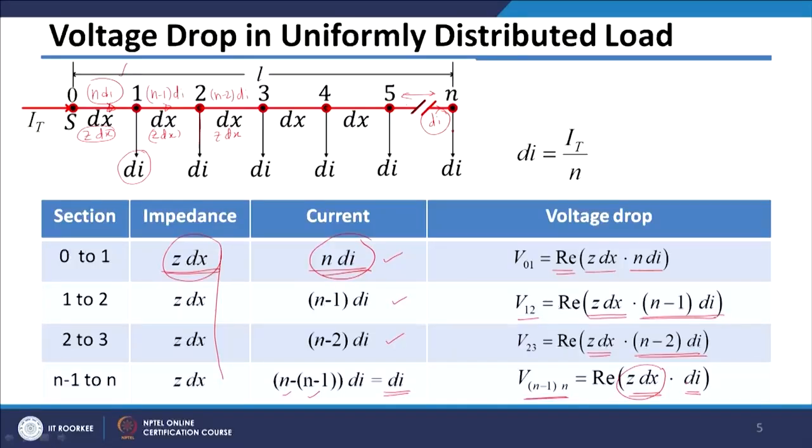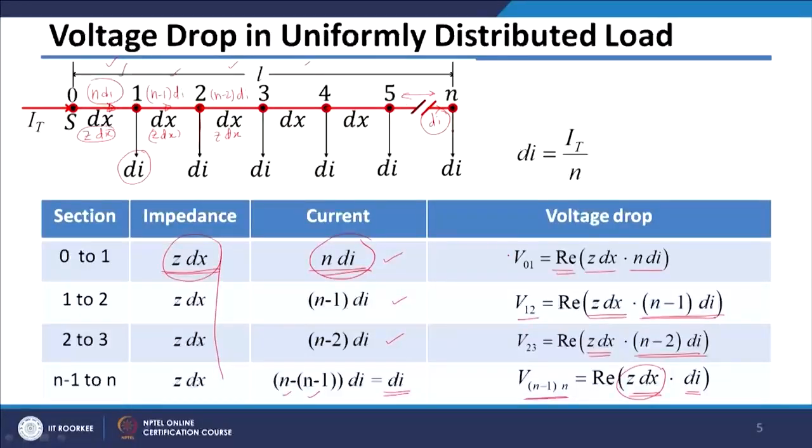And then the total voltage drop across this feeder will be just the addition of the voltage drops happening in each of the sections, meaning the voltage drop from 0 to 1, 1 to 2, 2 to 3, 3 to 4. So, if you add all these voltage drops, we can get the total voltage drop across the feeder. While adding, you can easily see that the Z dx term is common, as well as the Di term is common.